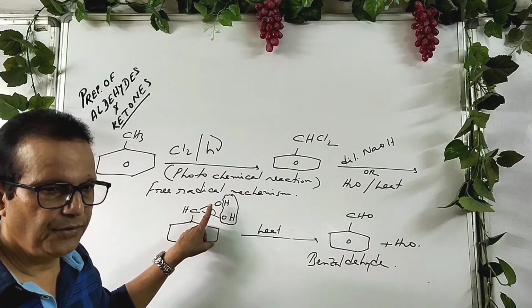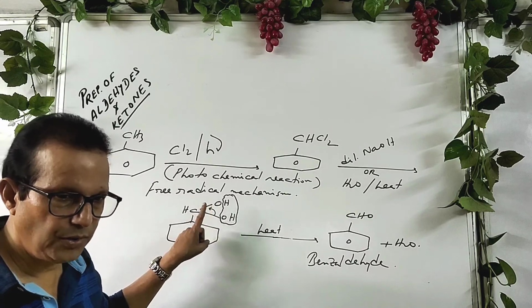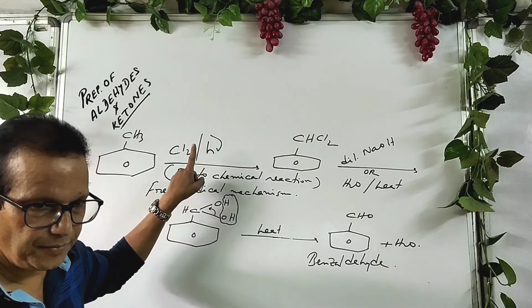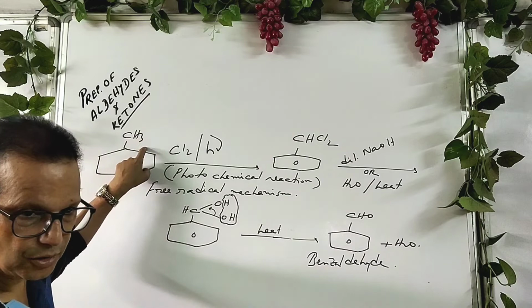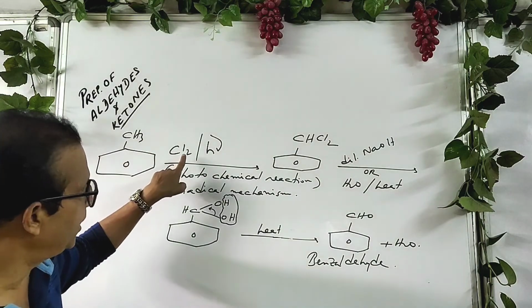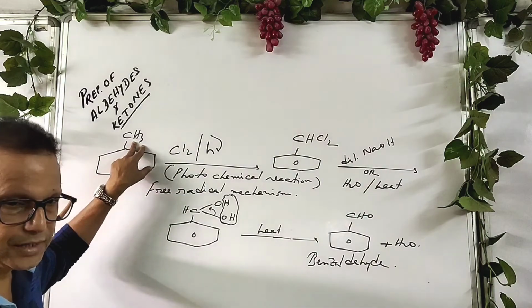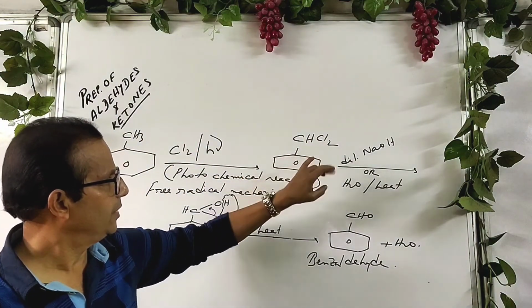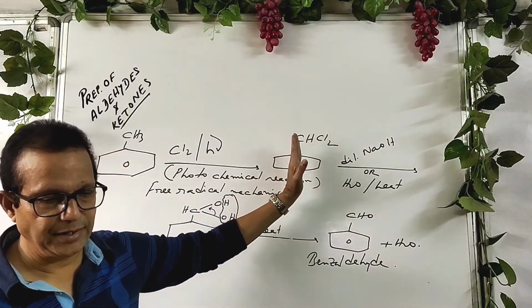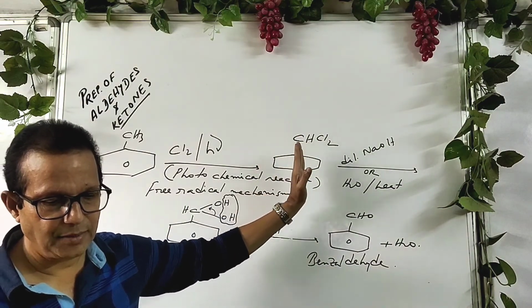That's why free radical mechanism always follows side chain reaction. That's why these hydrogen atoms are replaced by chlorine atom. So if you replace 2 hydrogen atoms by chlorine, then we get one intermediate.